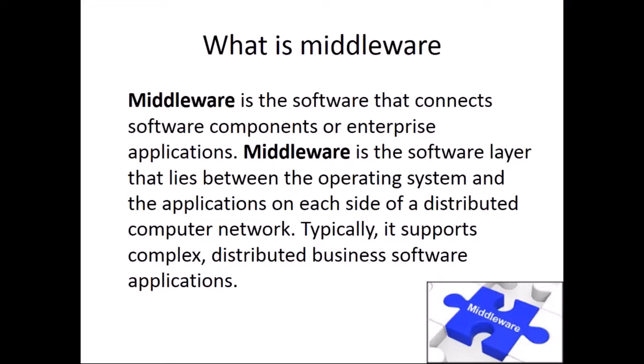Middleware is software which connects different components in your implementation, either software components or enterprise applications. Middleware is also software which lies between the operating system and the application on each side of a distributed computer network. In terms of PI, that is what acts as middleware.